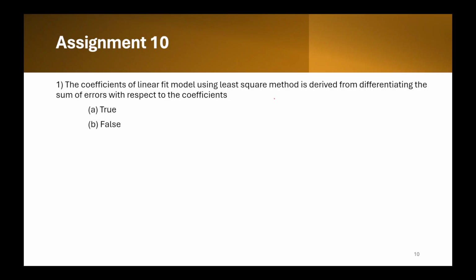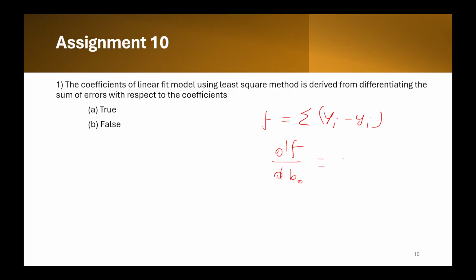So it's saying sum of yi minus yi-hat; if you differentiate that with respect to these coefficients and equate it to 0, you get the coefficients.